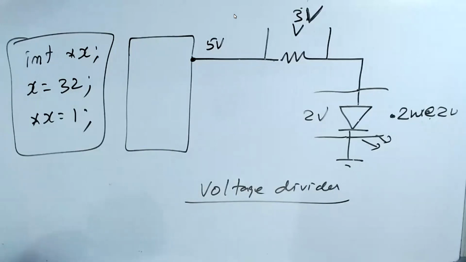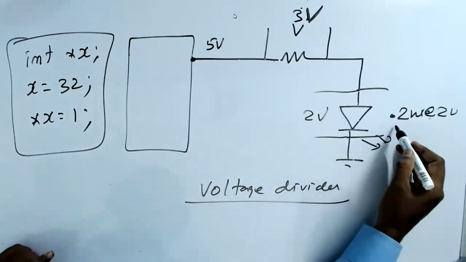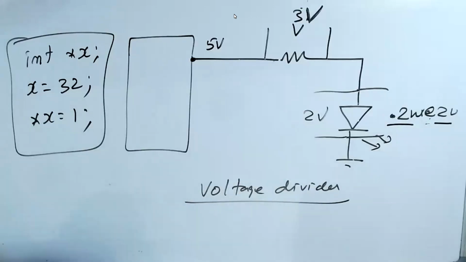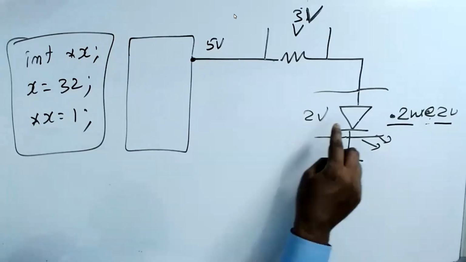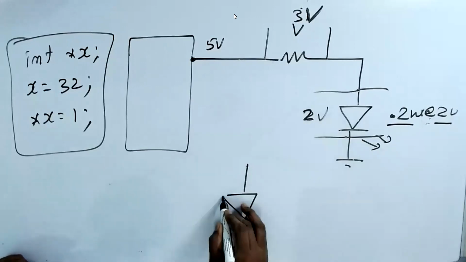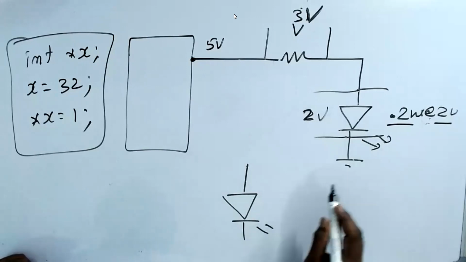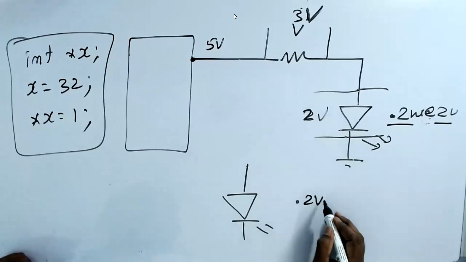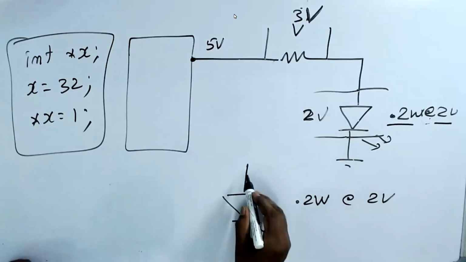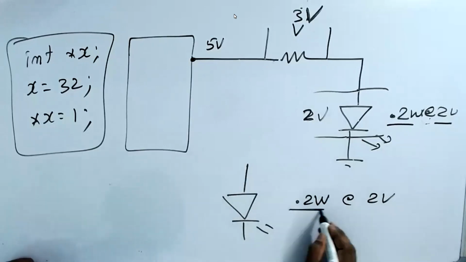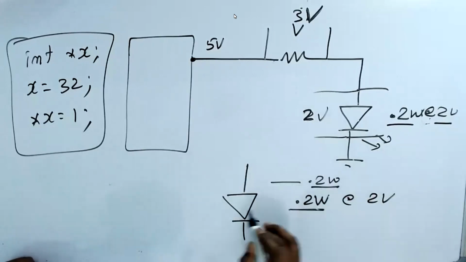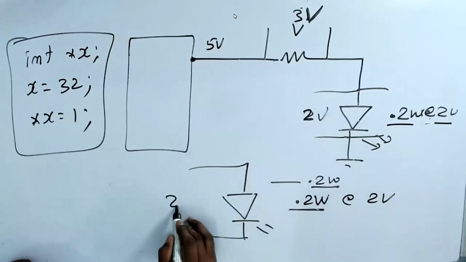That's correct. So, since this LED is 0.2 watts at 2 volts, this is the thing you have to understand. What the manufacturer is telling you with this symbol, 0.2 watts at 2 volts, is that it will take 0.2 watts of power if you apply 2 volts.